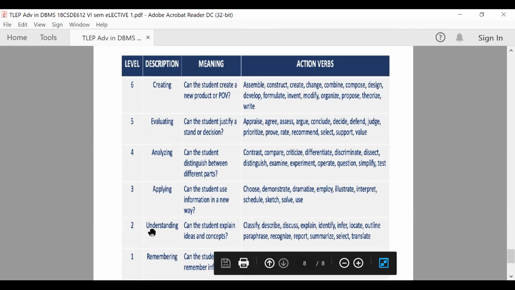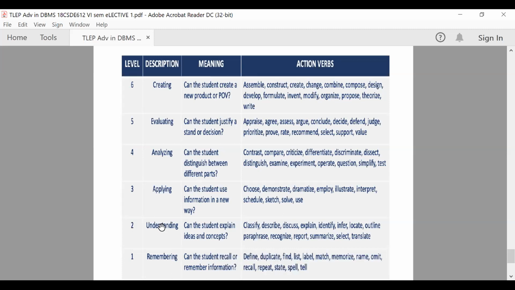And level 2, in the standard 1, 2, 3, they will have some understanding of what is alphabet, what is numbers, how to perform addition, subtraction. In the secondary grade level, up to 5th standard, they will be applying the concepts: addition, subtraction, multiplication, scientific concepts. They can solve some problems.